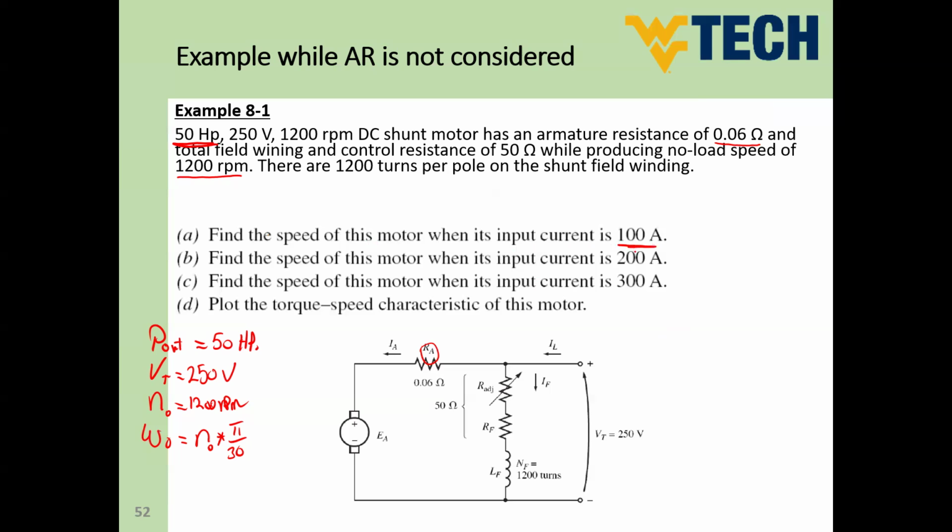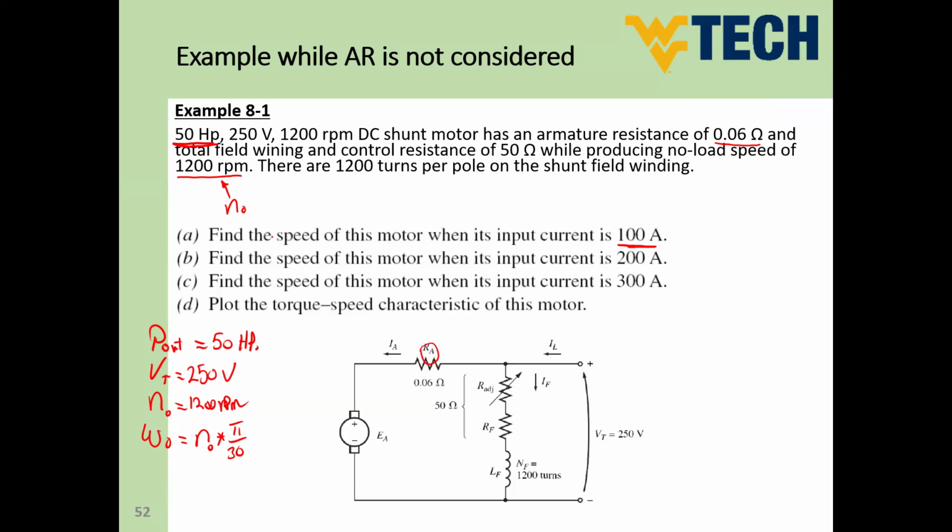Someone may ask a question: what is that speed now, if he still needs the speed? Actually, the speed given here is the no load speed. No load means the motor is not loaded. There is no mechanical load, which means the no load current is going to be a very small amount.